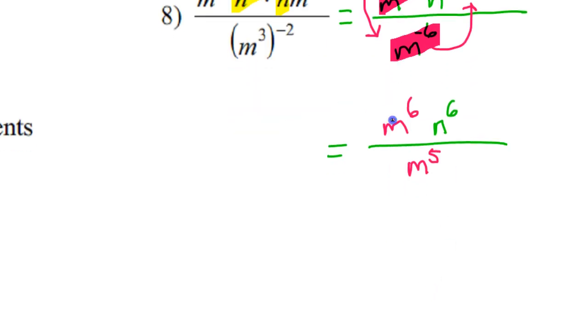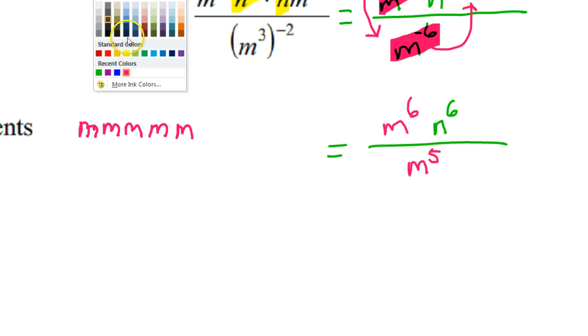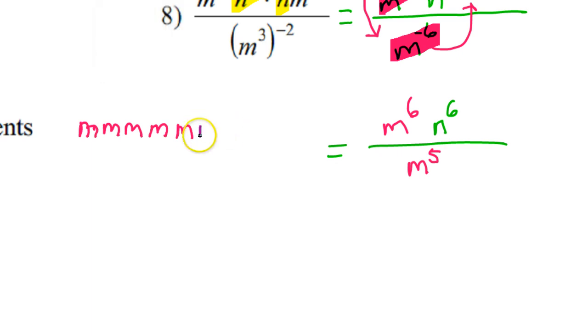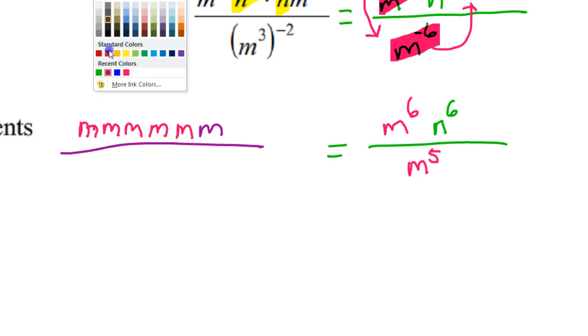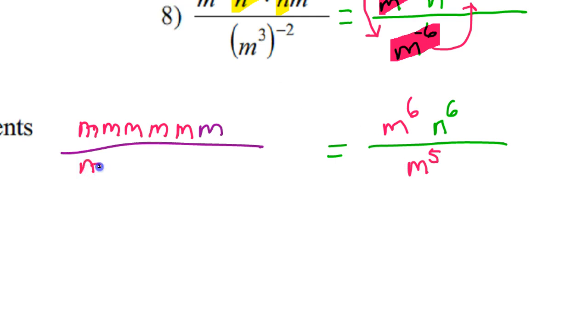Now I would go ahead and reduce these m's by canceling. Remember, m to the 6th power is like 1, 2, 3, 4, 5, 6. That's m to the 6th power. And m to the 5th power, 1, 2, 3, 4, 5.